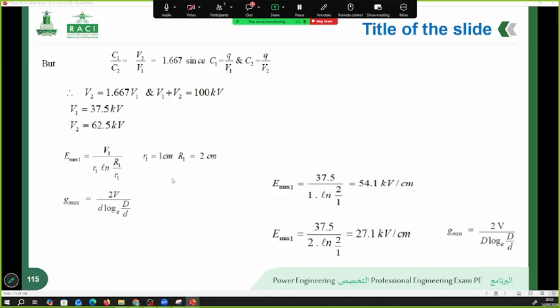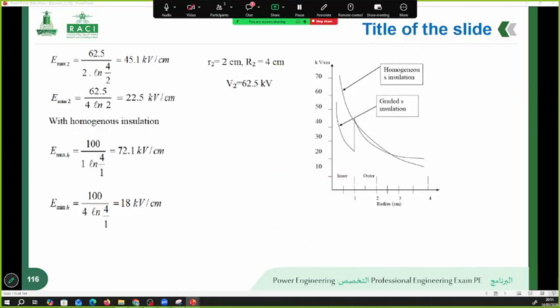So overall, this slide highlights the voltage is unevenly distributed across the electric layers depending on their capacitances, and how this directly affects the electric field stress within the insulation, which is critical for a reliable HV cable design.